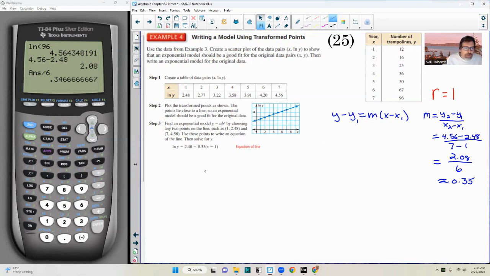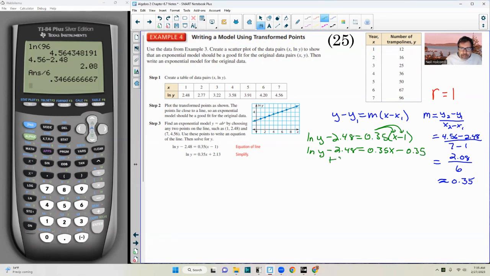So then the book shows this next step. It says simplify. Well, they're skipping some steps here, so let me show that. So if I have the natural log of y minus 2.48 equals 0.35 times x minus 1, what they're doing is they're distributing this 0.35. So this would be the natural log of y minus 2.48 equals 0.35 times x minus 0.35 times 1, which is 0.35.